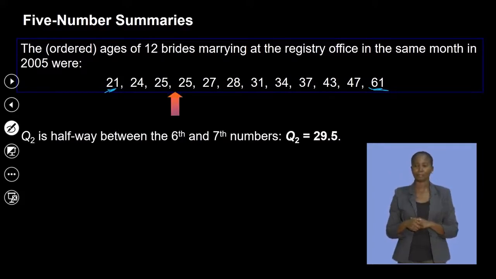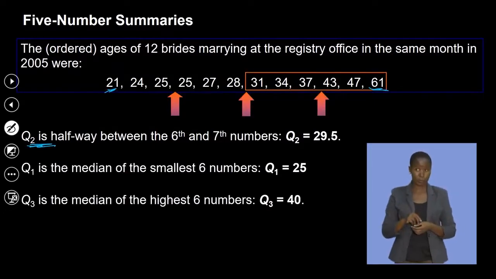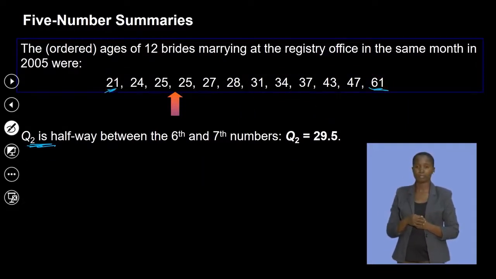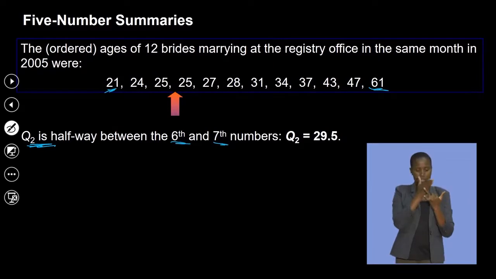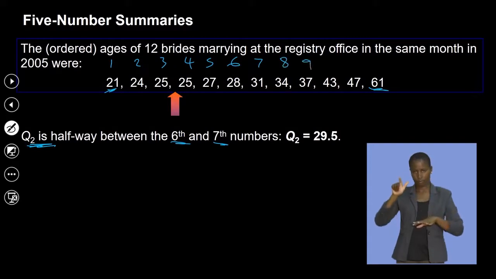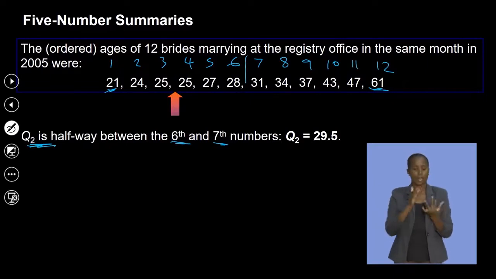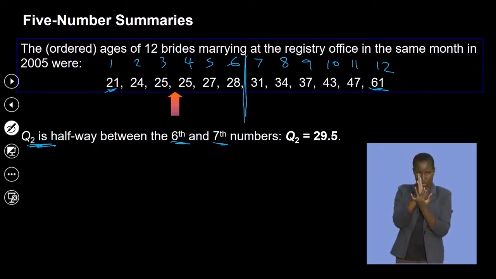If you look at Q2, it will be halfway between the 6th and 7th values. This is position 1, 2, 3, 4, 5, 6, 7, 8, 9, 10, 11, and 12. So the median is between 28 and 31, which is our Q2.